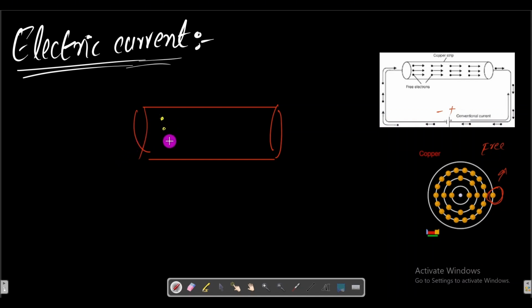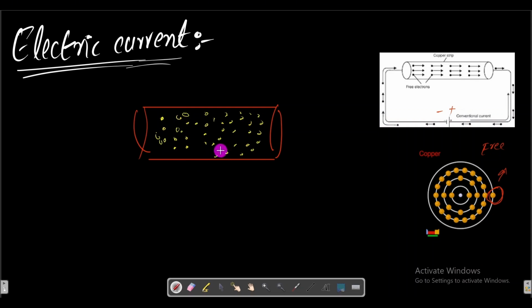So we can say that inside this metal strip there will be a sea of electrons.